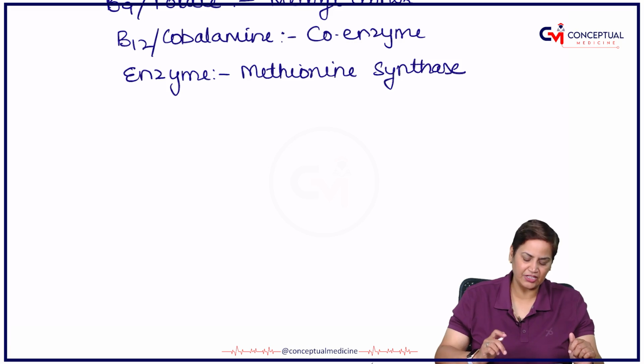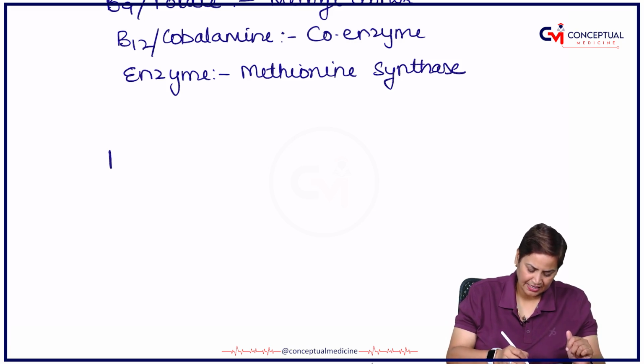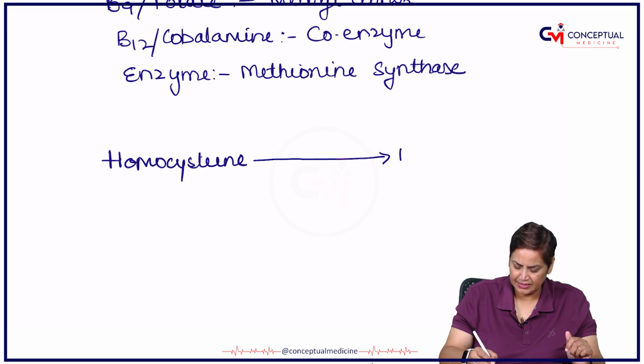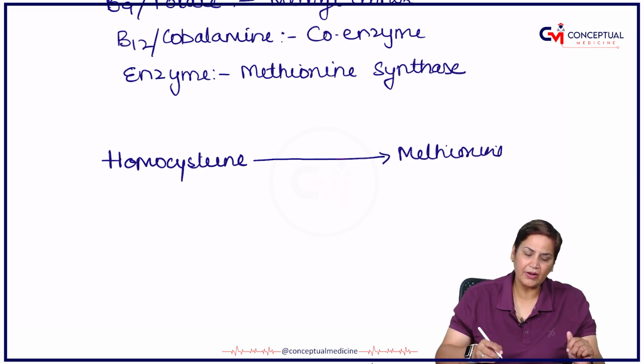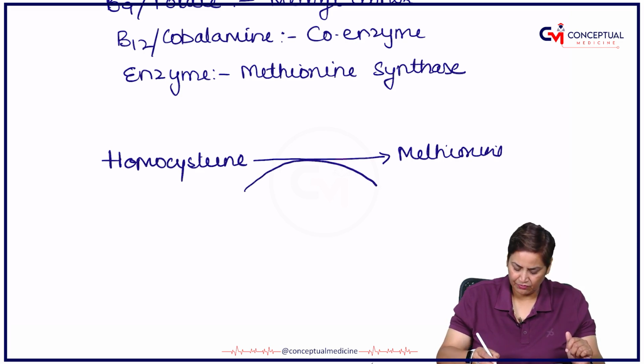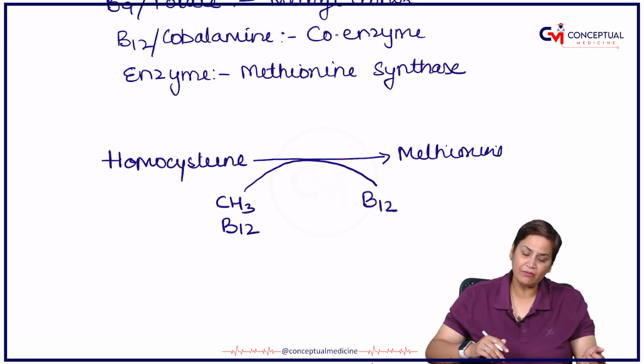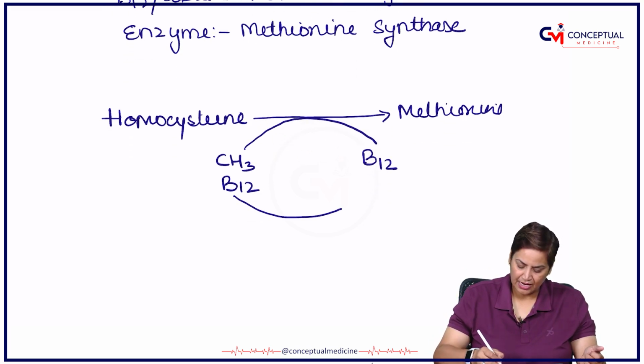Now, if we see the reaction, this is homocysteine and this is methionine, right? And methyl B12, when it donates its methyl group, will be converted into B12. And from where is this methyl group coming?